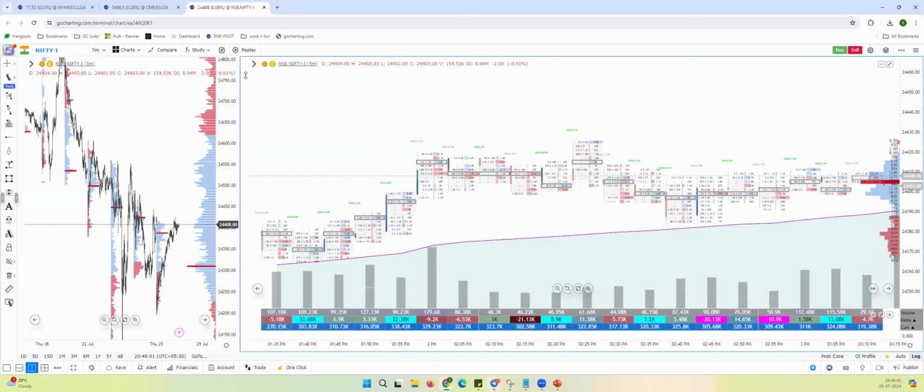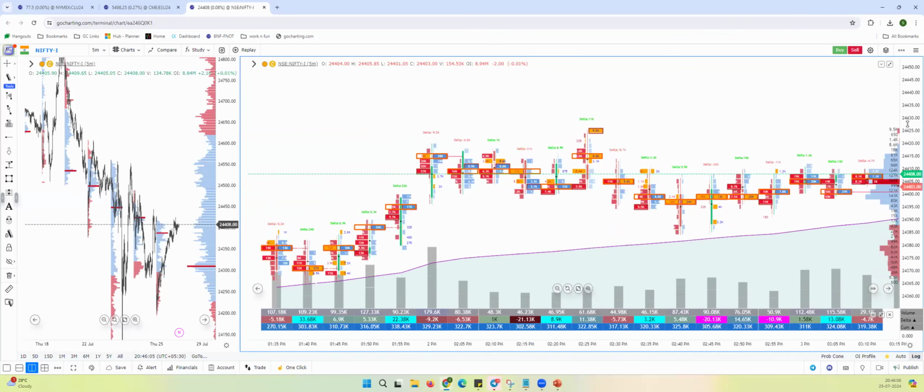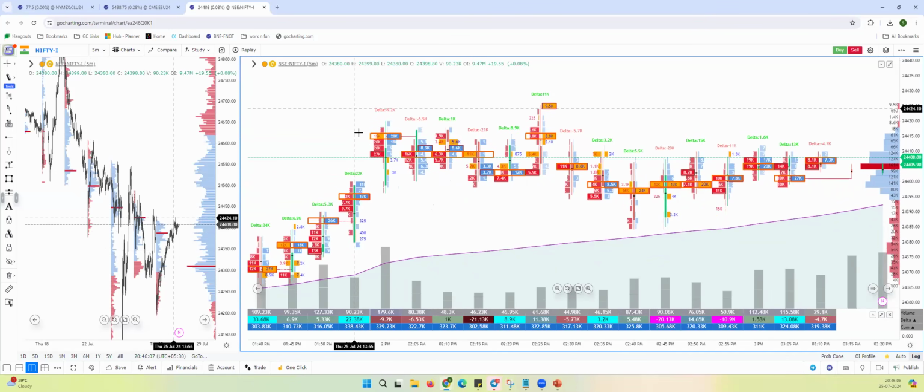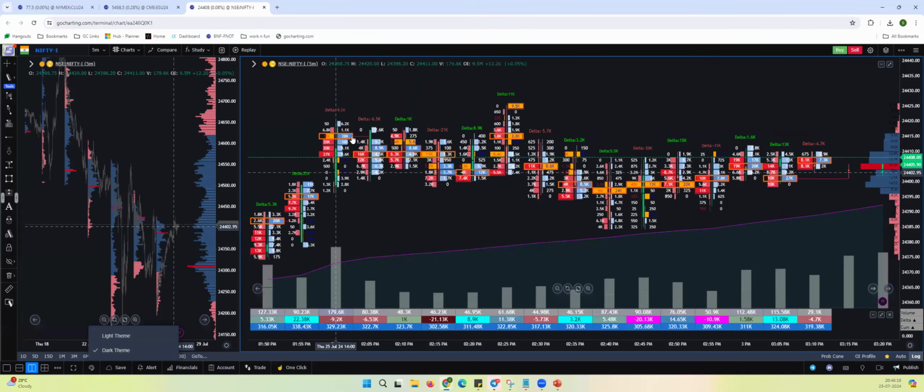The other thing is the imbalance chart. Imbalance chart is basically nothing but seeing the same information on the left and the right side. What imbalance is doing for me is basically on the left side I have the sellers and on the right side I have the buyers.